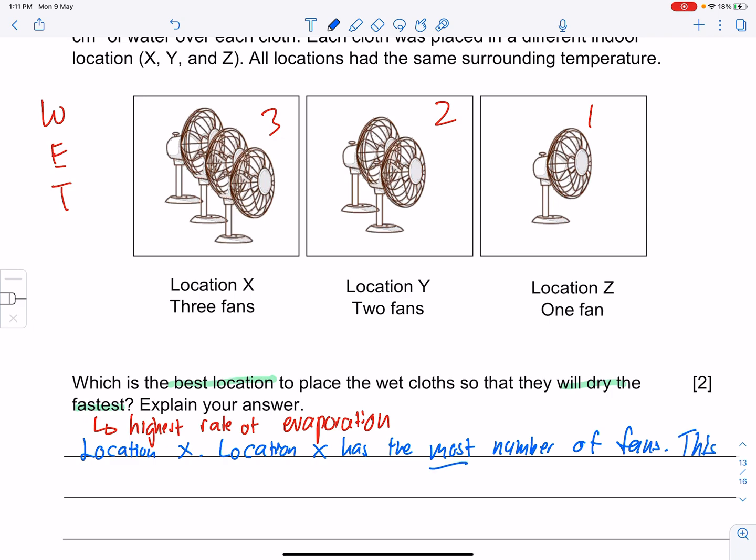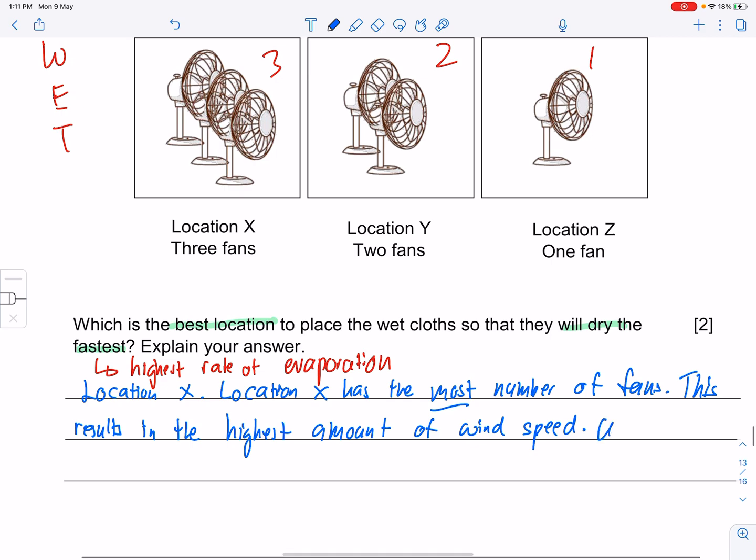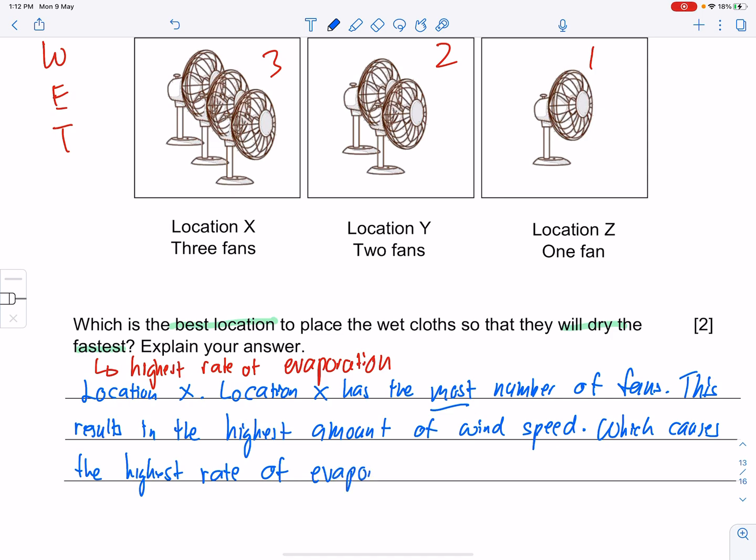This results in the highest amount of wind speed, which causes the highest rate of evaporation, so your water would dry the fastest.